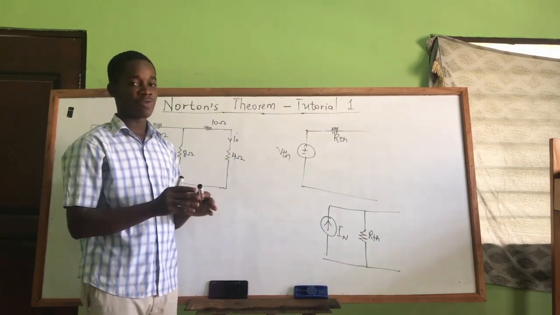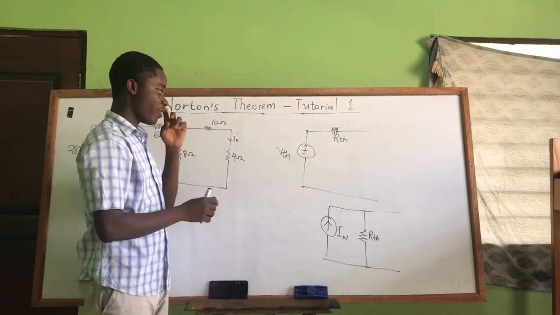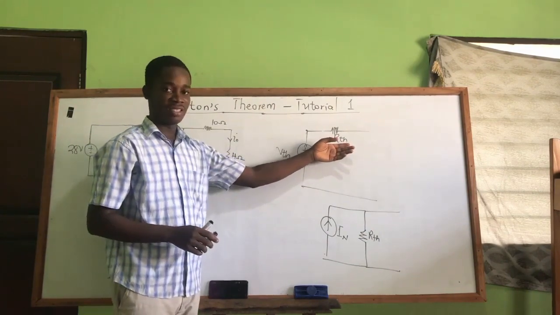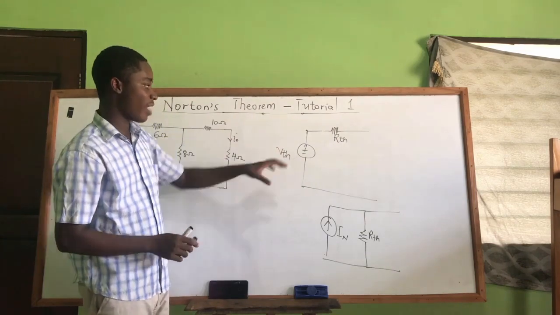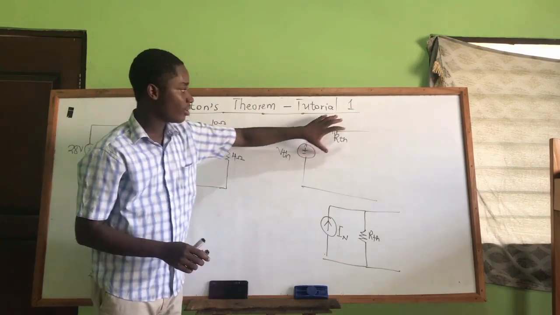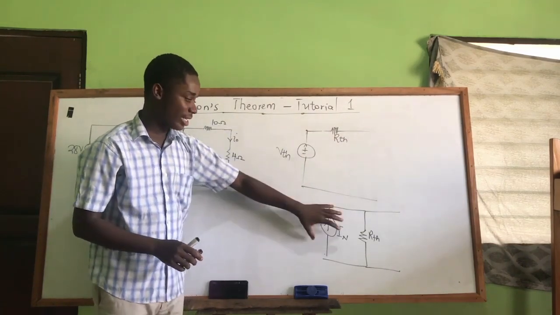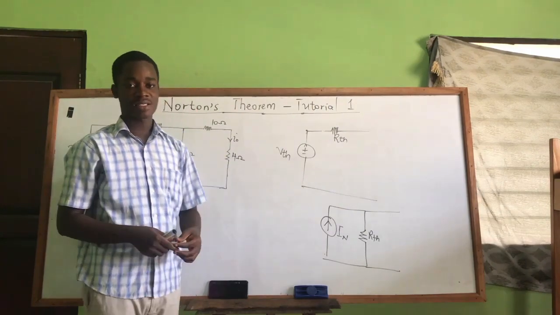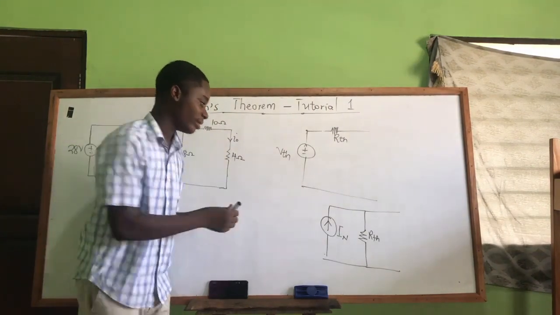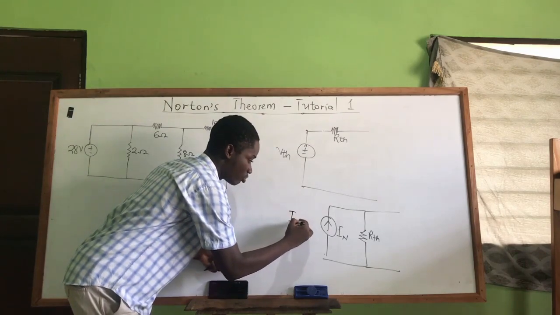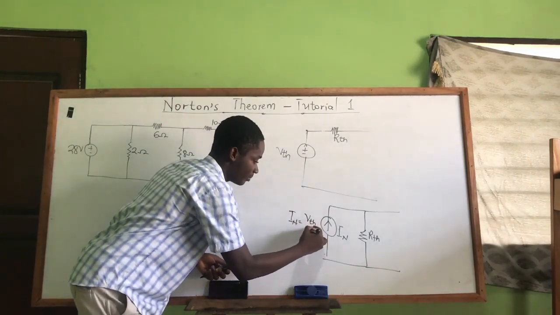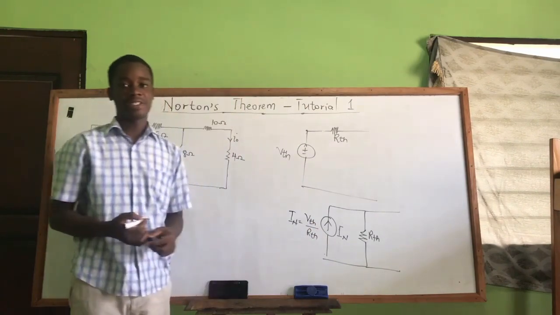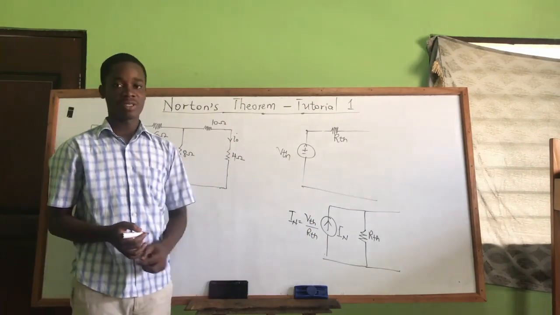So if you are good with your Thevenin, you can find your VTH and your RTH. And when you are asked to find Norton's current, you just have to divide your VTH by your RTH and you get that current, and that is your Norton's current. So IN, from Ohm's law, I is V over R. So the V is the VTH over the RTH, and that will give you your Norton's current.